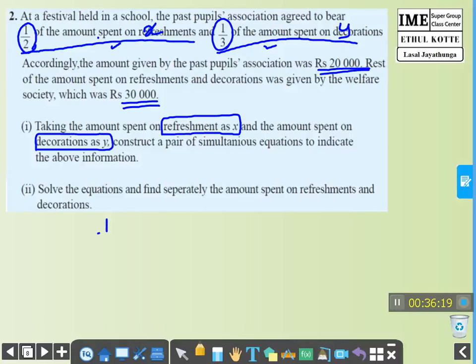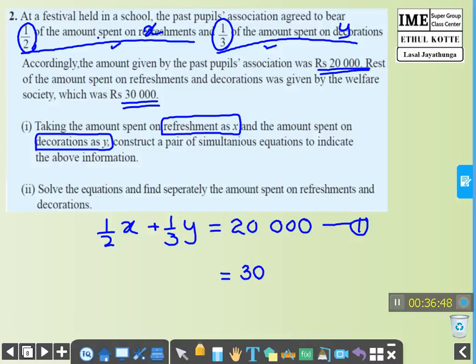Decoration means y, so 1/3 y given. So half of x and 1/3 of y were given by past pupils. Their contribution was 20,000. One equation.